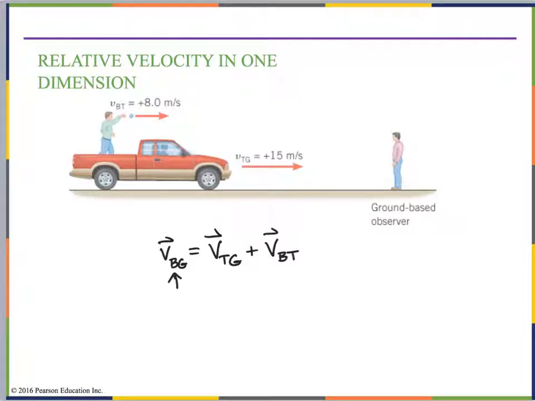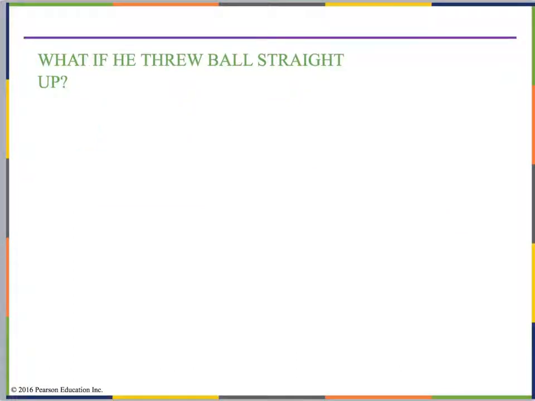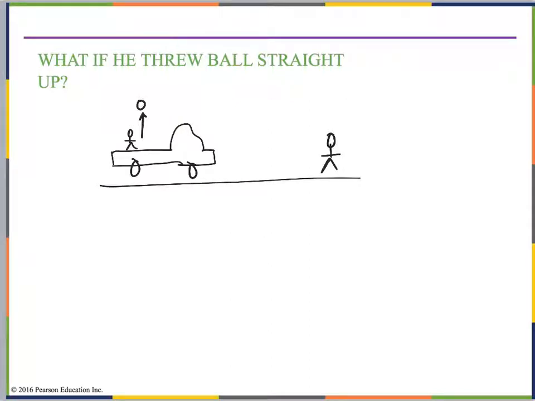We want to be able to work with this a little bit more, so we probably have to look at it in a little more detail, but let's think about one more thing. What if the person in the truck threw the ball straight up? So here's the truck, here's the guy, he throws the ball straight up, and here's the guy on the ground.